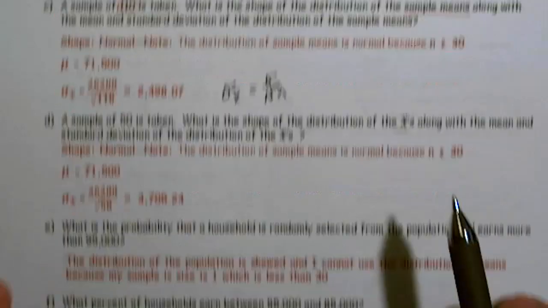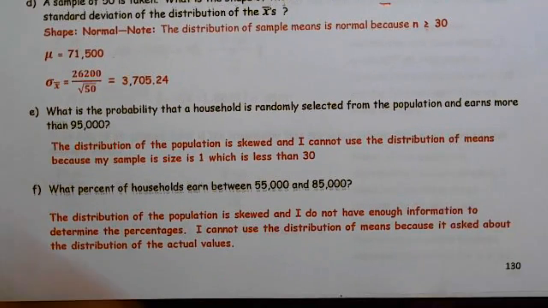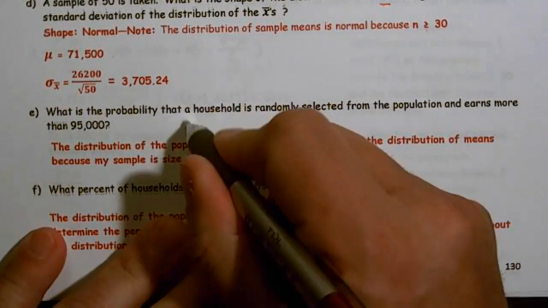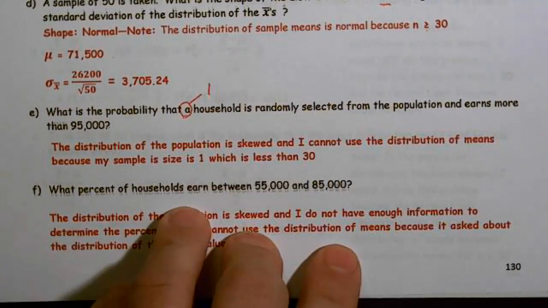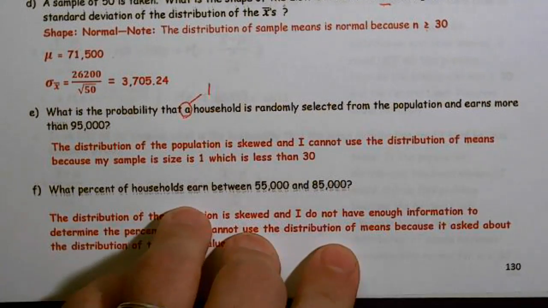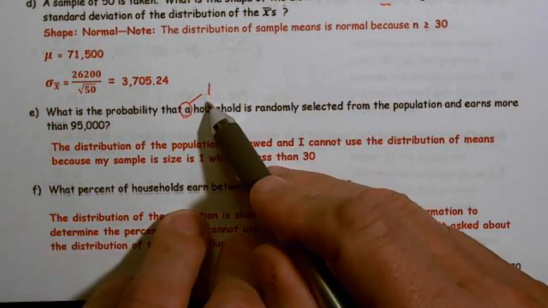And there we go. So what is the probability that a household randomly selected from the population earns more than 95,000? Well, keyword: a, this is a singular value. Well, this is skewed data, so I can't use the central limit theorem because I only have a sample of size 1.